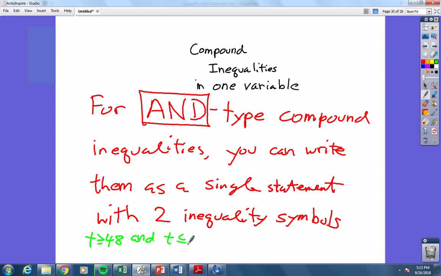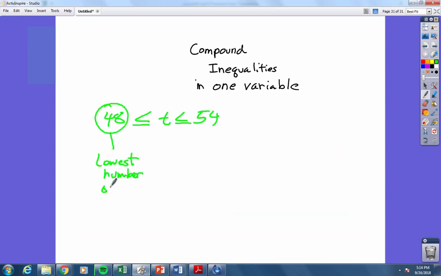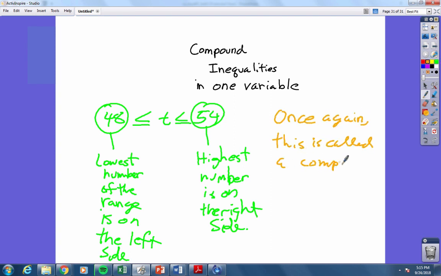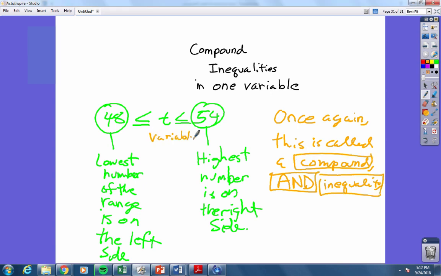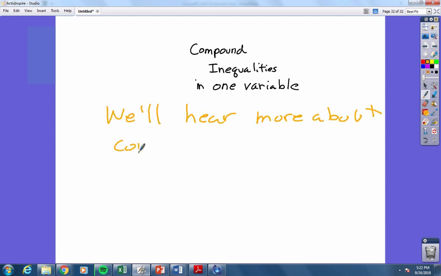So the two inequalities can be written as 48 less than or equal to t less than or equal to 54. In other words, the lowest number of the range on the left, then a less than sign or a less than or equal to, then the variable, and then the other number on the right, the highest number. Once again, it's called a compound AND inequality. The variable's in the middle, and the low and high values are on the left and right, respectively. We'll hear more about compound AND inequalities in a future video.